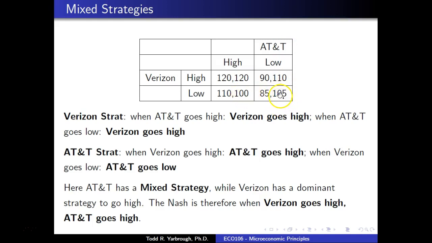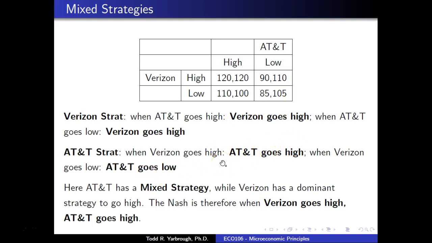We call this a mixed strategy because when Verizon goes high, AT&T wants to go high, but when Verizon goes low, AT&T wants to go low. And again, here we're referring to AT&T and Verizon choosing prices, high versus low prices. So we would say that Verizon has a dominant strategy while AT&T has a mixed strategy.